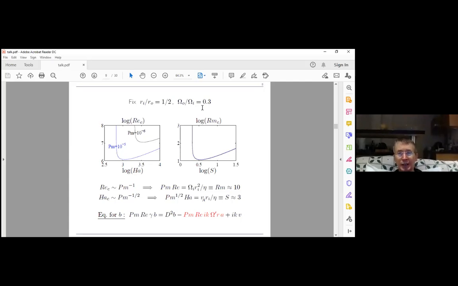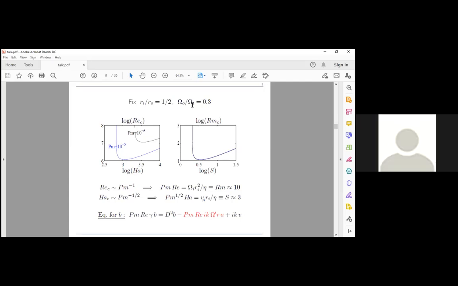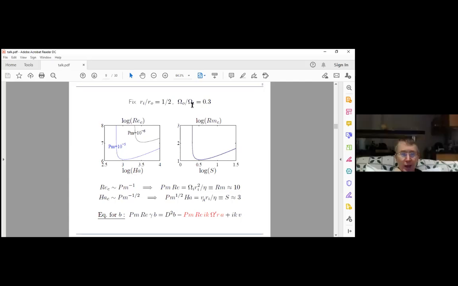That is, the angular velocity, as you can see, is decreasing going outward. Omega outer is less than omega inner, but the angular momentum is increasing. So this is the analog that is most relevant for the astrophysical accretion disk problem.